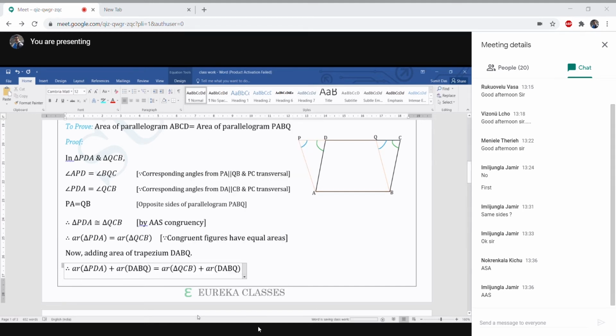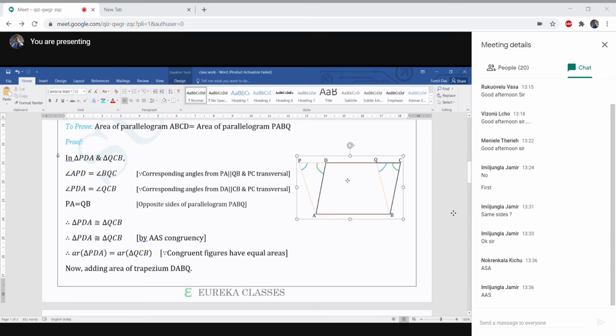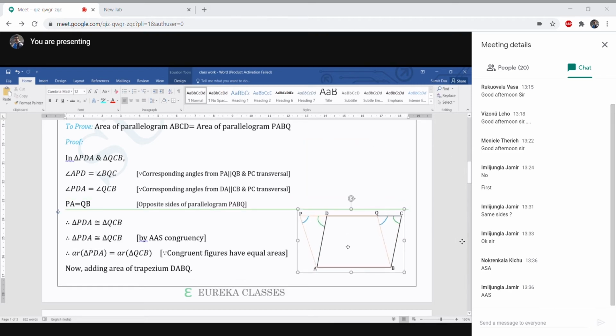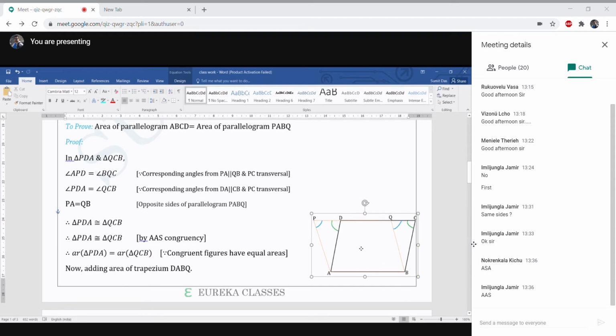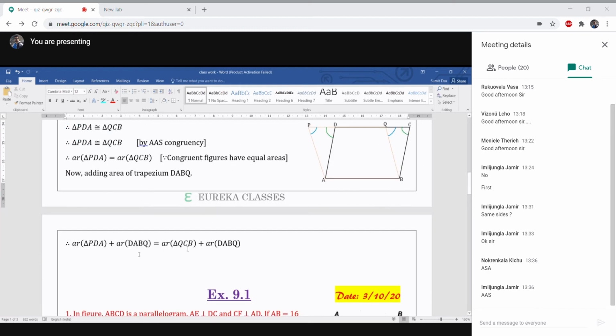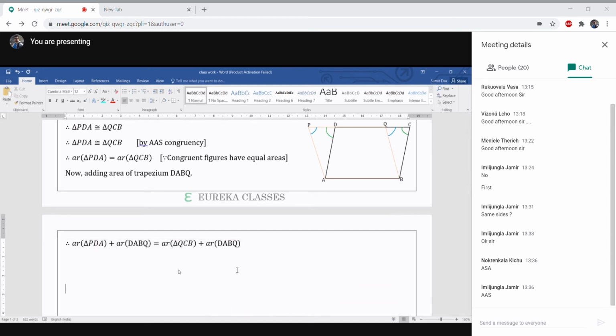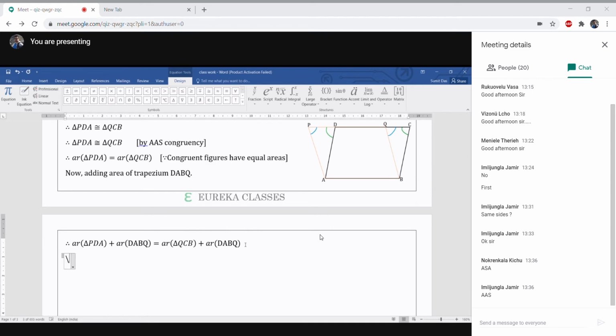I'm just moving this one down a little bit to show what will happen. Now the triangle PDA plus DABQ, if I add, what will I get?